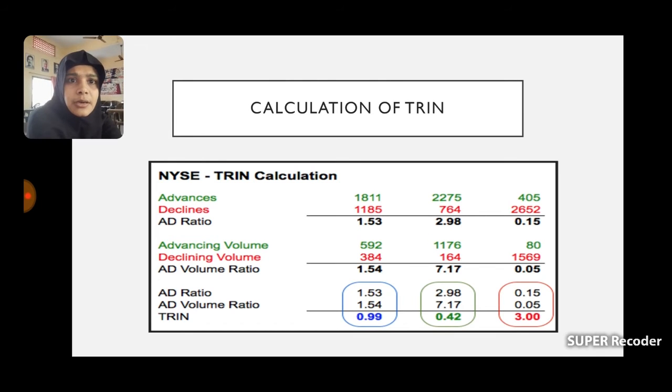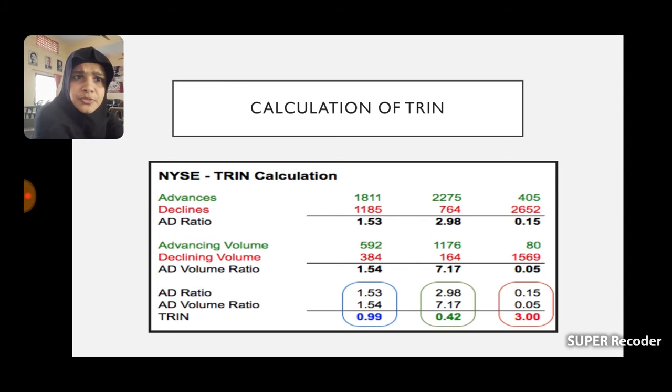And the advancing volume is 592 and declining volume is 384. So the advancing declining volume ratio is equal to 1.54, that is 592 divided by 384. Then we can calculate TRIN by dividing 1.53 by 1.54. Then the TRIN is equal to 0.99.